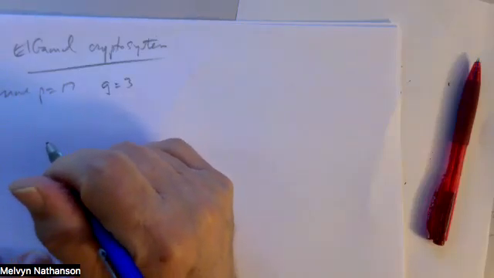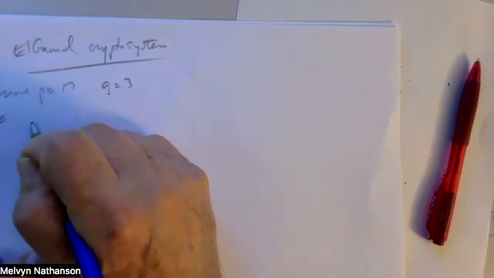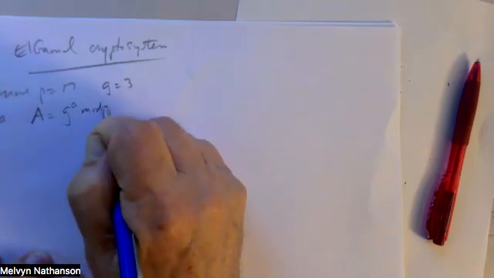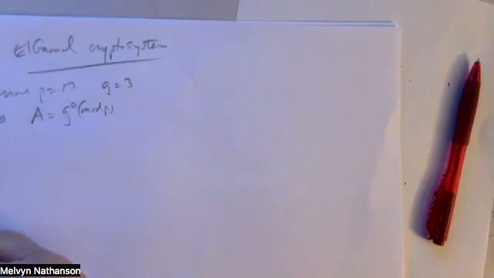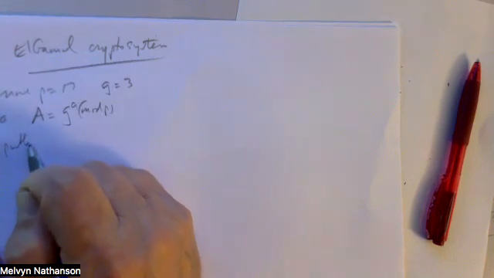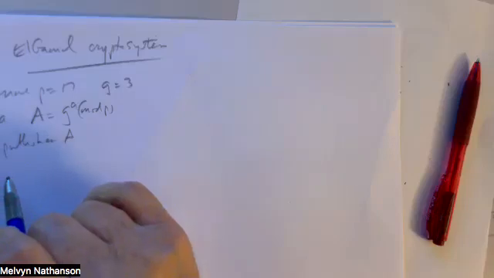Alice has a private key little a, and she computes the number capital A, which is g to the a mod p, and she publishes A. And we're told that A is equal to 5 in this problem.